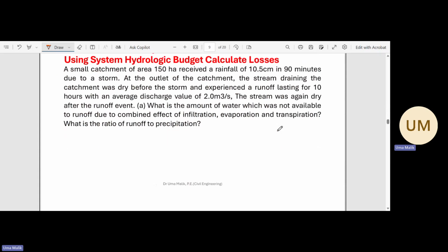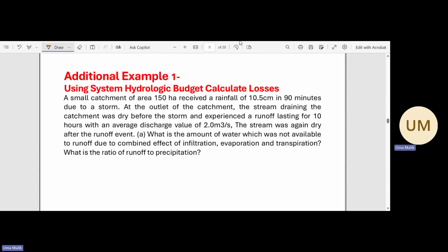So with that, let's look at an additional example. Let's read the statement.